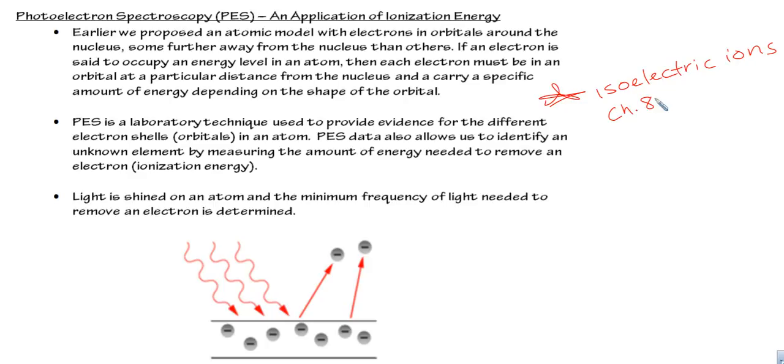But if you're looking for a further explanation of isoelectric ions, it's actually in Chapter 8, which is on bonding, and it makes no sense. But it's pages 340 to 342. And specifically, you might want to see some sample exercises.